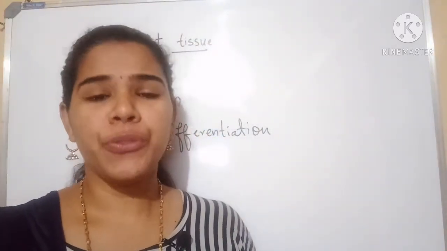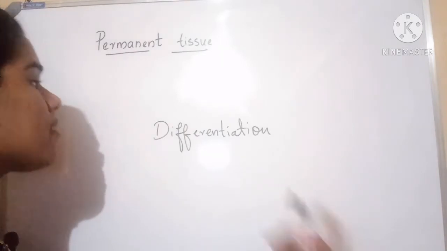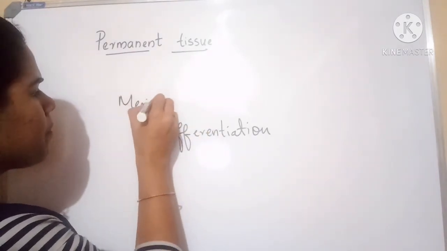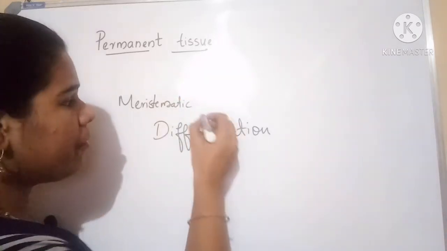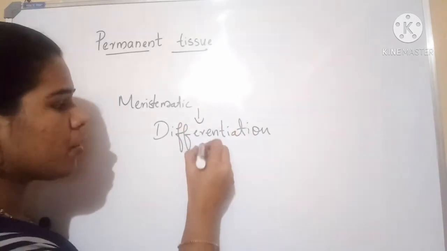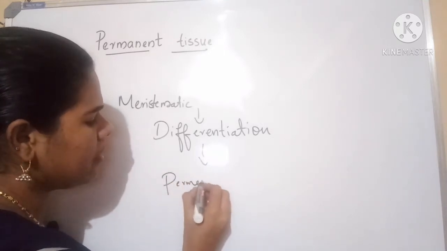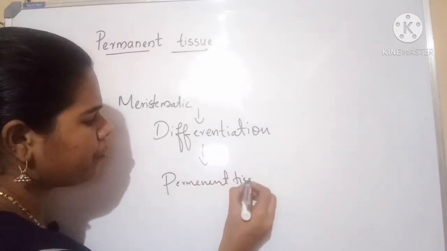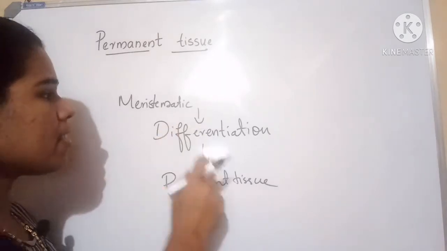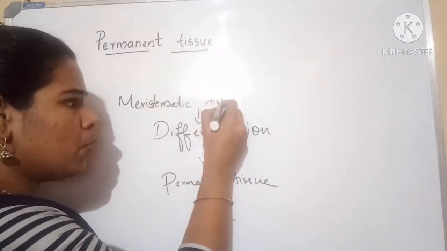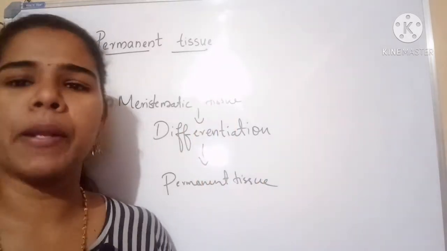Cells of meristematic tissue differentiate to form different types of permanent tissue.